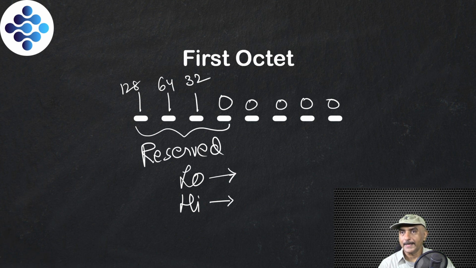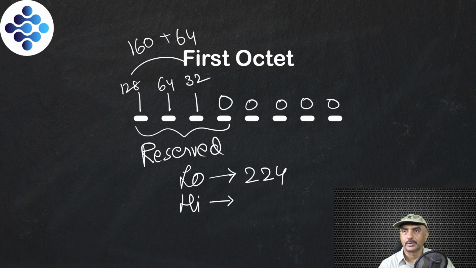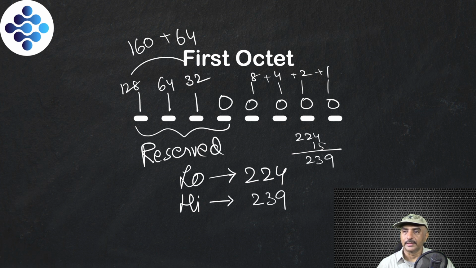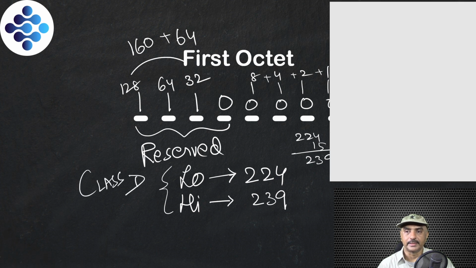The total would be 224. 128 plus 32 is 160 plus 64, so that is 224. And for the highest number, this would be 8, 4, 2, 1. 12 plus 2, 14, plus 1, 15. So 224 plus 15 will give you the value of 239. And this is what is called class D.